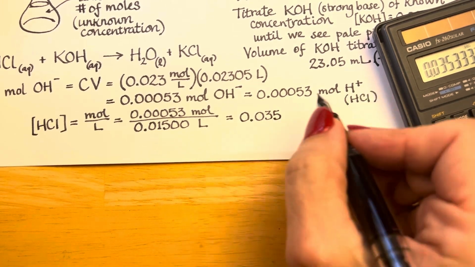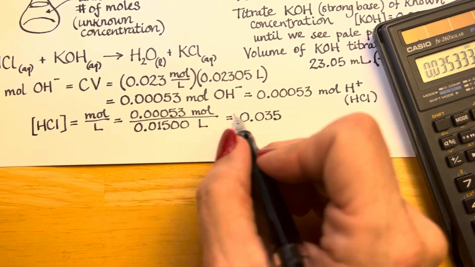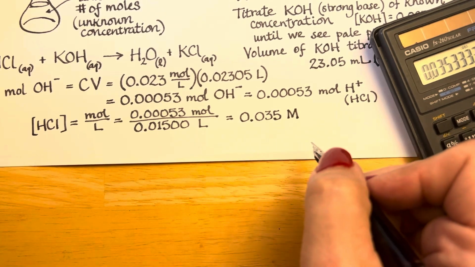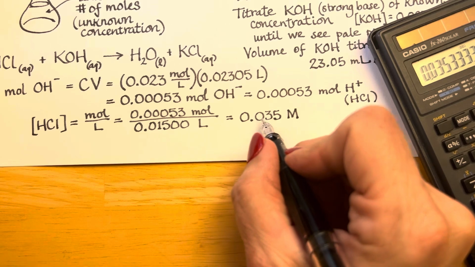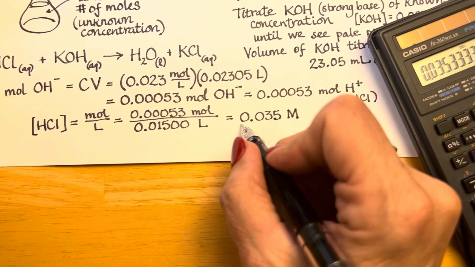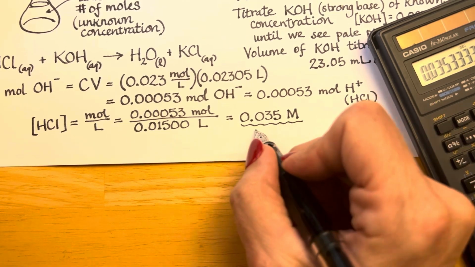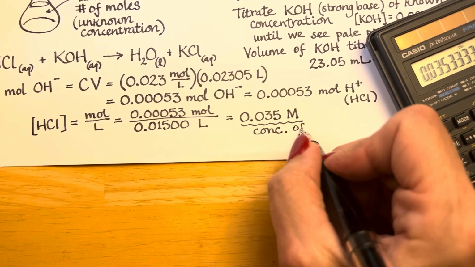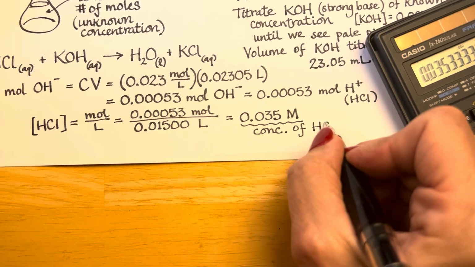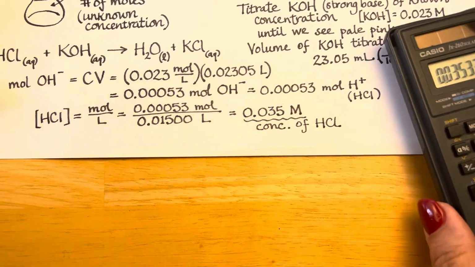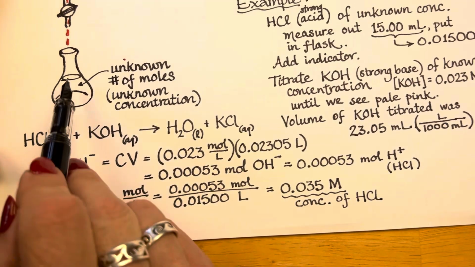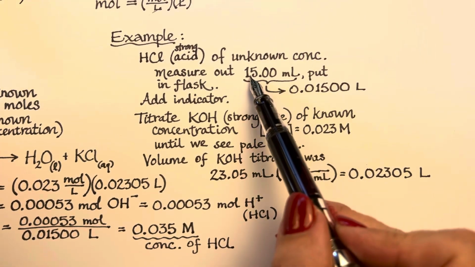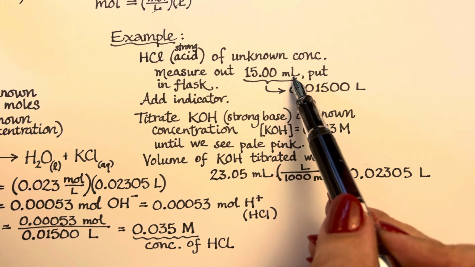0.035. And what are the units? Moles per liter. Or we can write it in molarity. 0.035 molar. This is the concentration of the HCl solution that was in the flask where we had put in 15 milliliters of it.